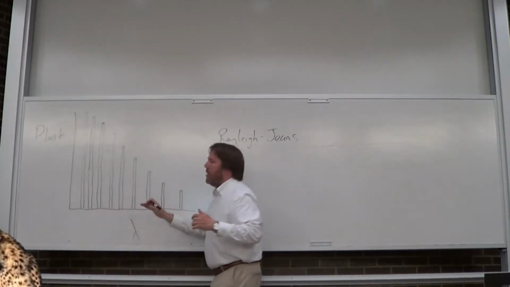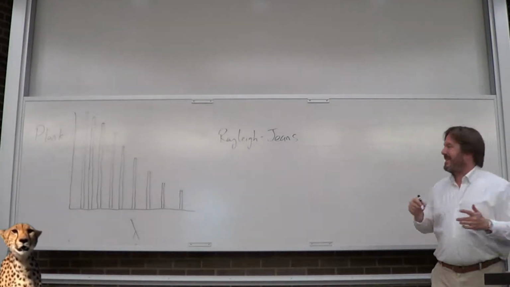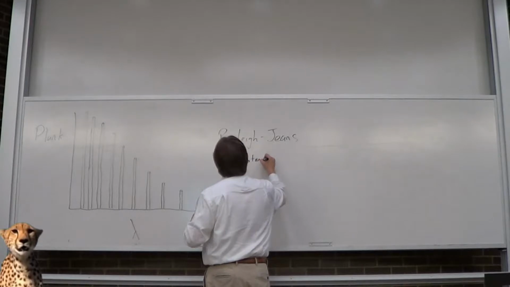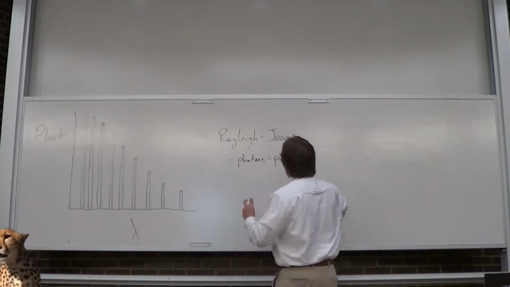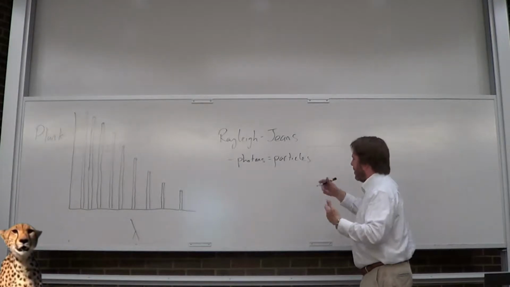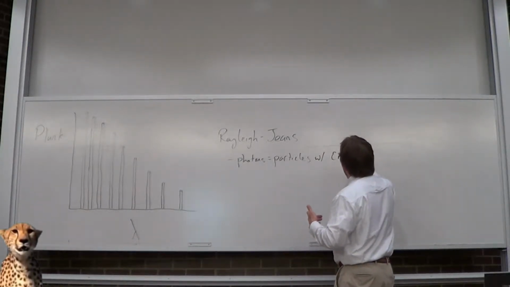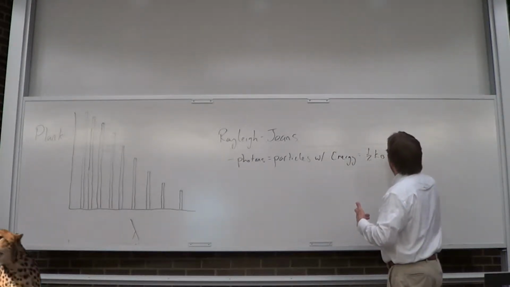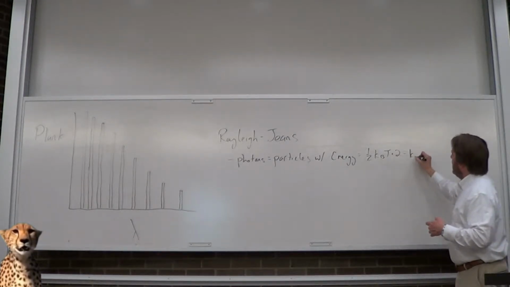They knew that there were modes, and they had the degeneracy factor right, but they made a mistake because they thought photons are particles, and they are. I mean, that isn't wrong, but their energy is 1/2 kBT times 2. That's the degree of freedom, kBT.